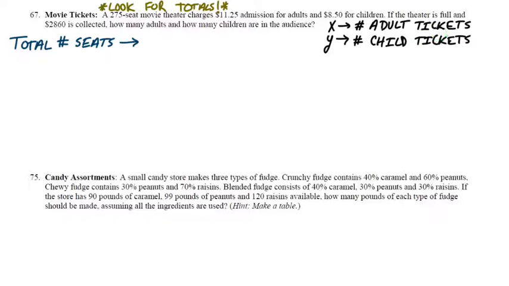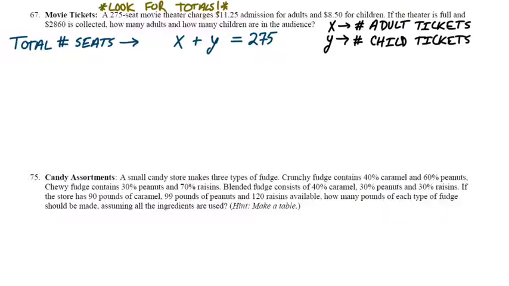In other words, couldn't we just do x plus y, so all the adult tickets plus all the children tickets should equal however many it said the movie theater seats, 275 people. So if we add up all the adults and all the children tickets, that should give us the full capacity of 275 seats. All right, so there's our first equation.